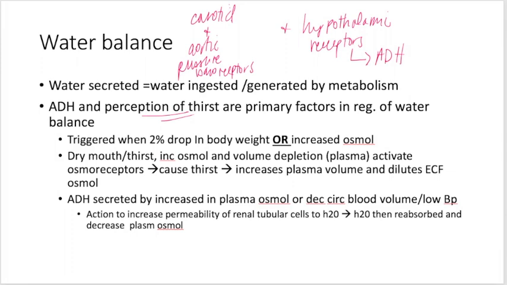ADH is going to increase the permeability of the renal tubules to water, increasing water reabsorption, and that will lead to decreased plasma osmolarity. It is regulated by feedback mechanisms, so the restoration of plasma osmolarity, blood volume, and blood pressure will inhibit further ADH secretion. So those are the main mechanisms in the water balance, your sodium and chloride.